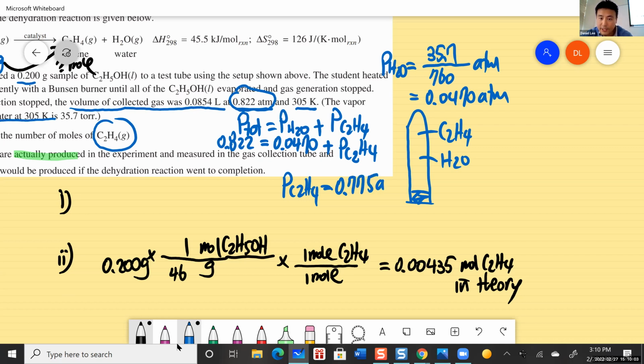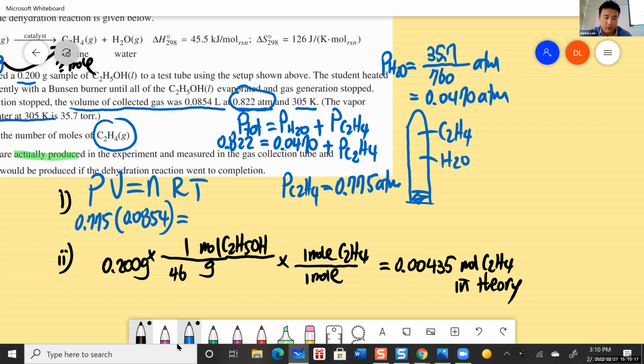The volume you're given is 0.0854. You're looking for n, which is moles, and R is 0.0821, and temperature must be in Kelvin, 305 Kelvin. So you find moles, and that's how many moles you actually collected.